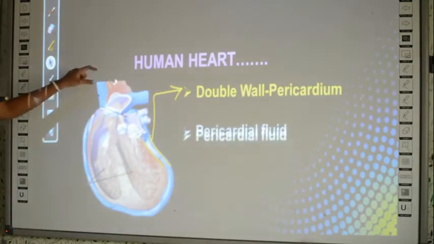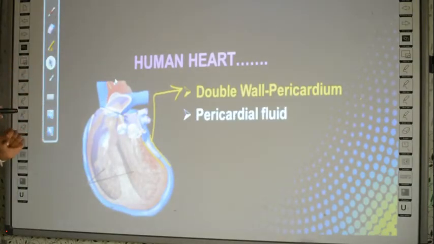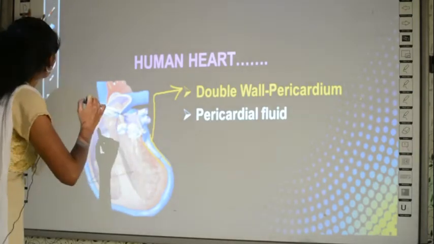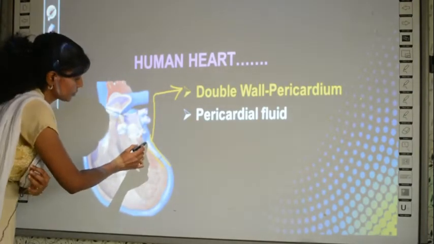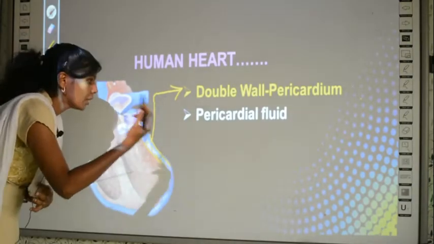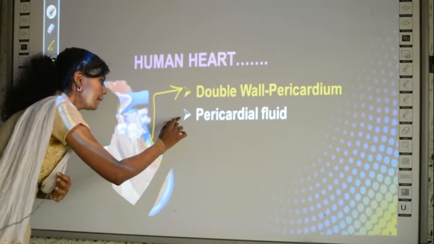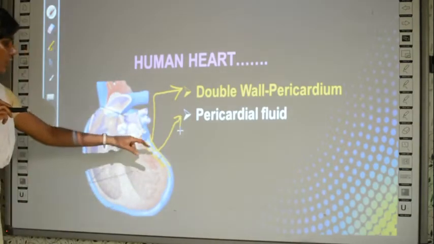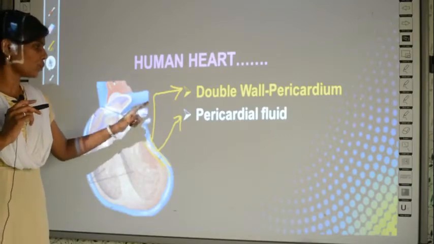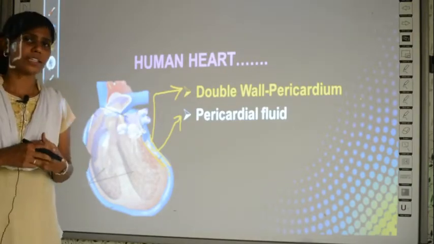And between the double walls there is a fluid called pericardial fluid. Can you see blue substance here? The liquid region in between the two walls is called the pericardial fluid. The two walls are called pericardium, and the liquid in between the two walls is called pericardial fluid.